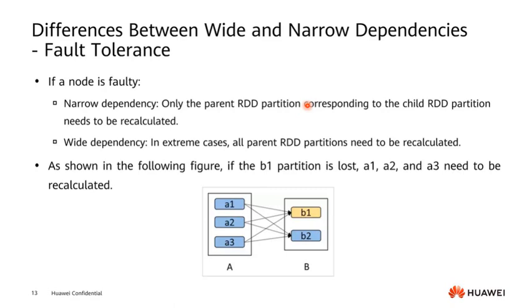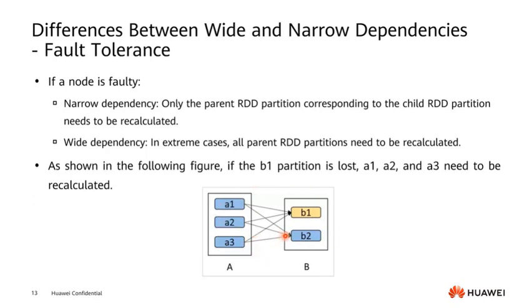In contrast, since a child RDD partition in a wide dependency may use multiple parent RDD partitions, when one child RDD is lost, more parent RDD partitions need to be recalculated. In extreme cases, all parent RDD partitions need to be recalculated. The figure also illustrates it.